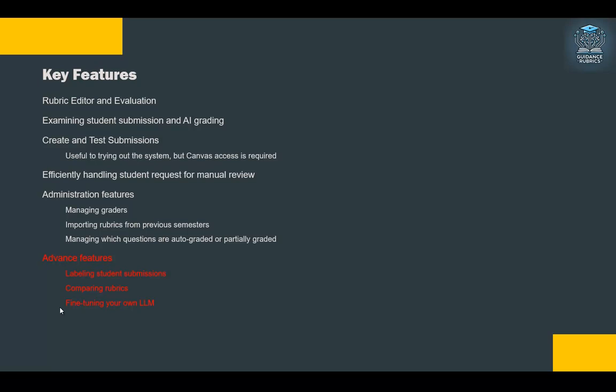You can also build your own LLMs. You can take existing LLMs from OpenAI, fine-tune them according to your labeling, and then use those LLMs in your grading. Again, there are many videos that describe each of these features in detail.